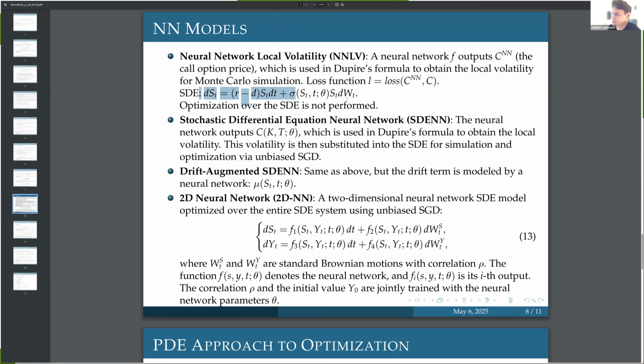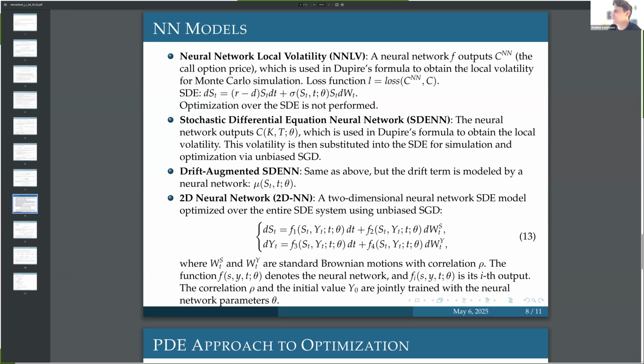Then by this stochastic equation, they generate paths with Monte Carlo simulations and get model generated price. But in these models, optimization over the stochastic differential equation is not performed. We compute the loss function as we always do.